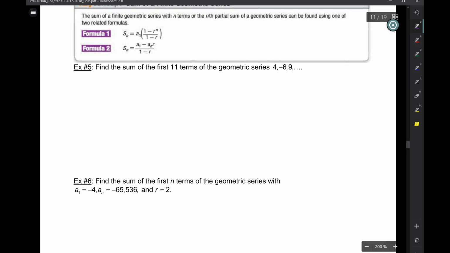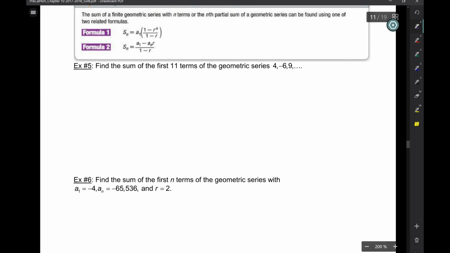Okay. Let's do this then. The sum of the first 11 terms of the geometric series, this one. So first we find r, and then S11 is what we need, and that's just going to be formula 1.